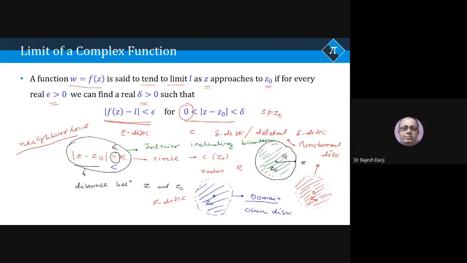So for example, a delta neighborhood of A you denote by N(A, delta), right? If A is not considered, then N star (A, delta). This is the concept of 12th standard. We are not going into detail. So what is the conclusion? You understand? Now, let us see.